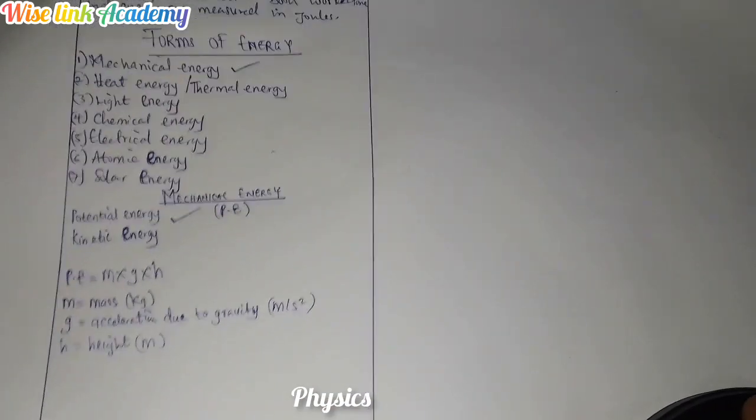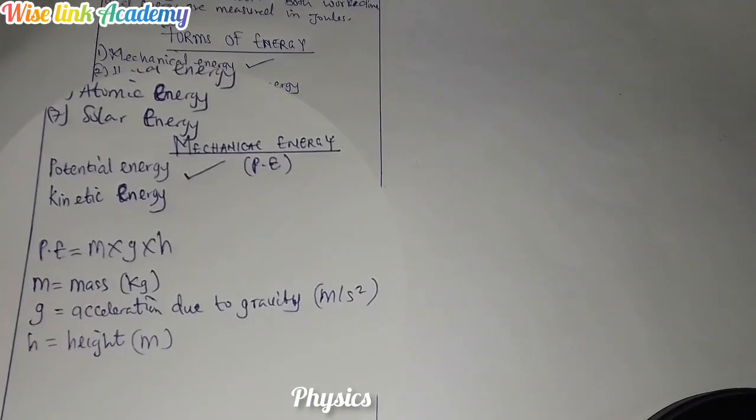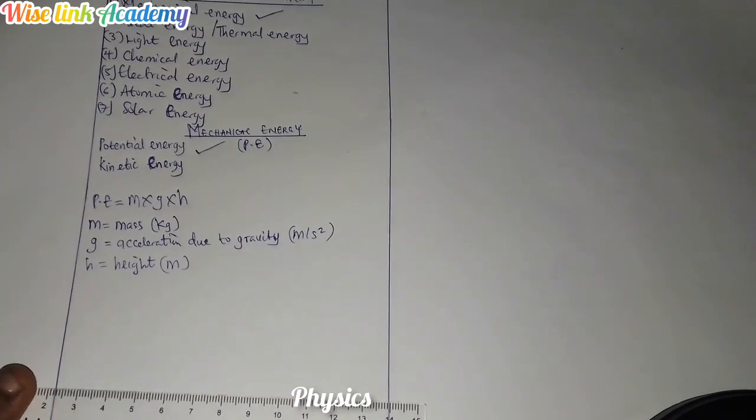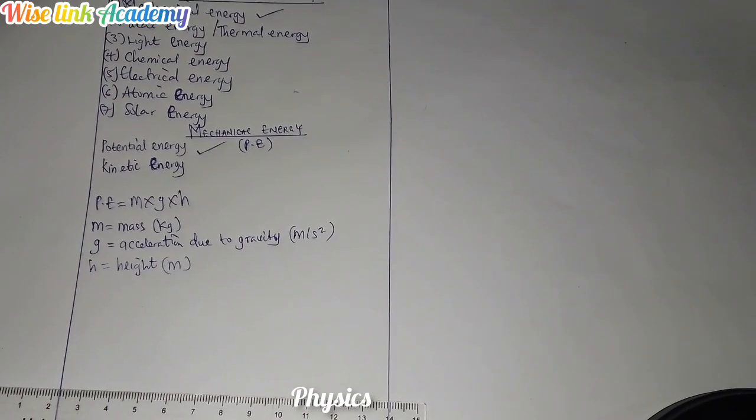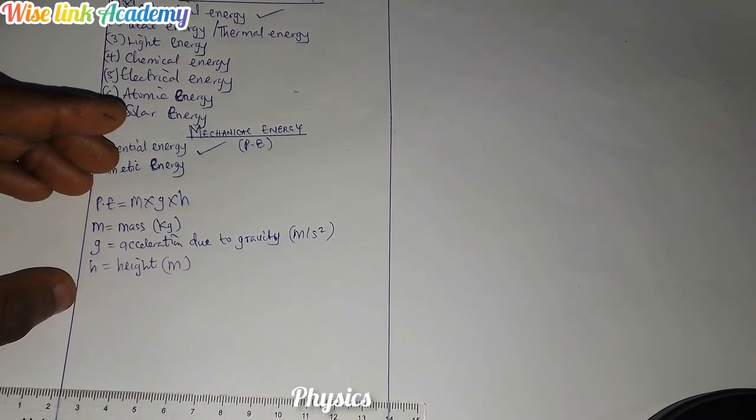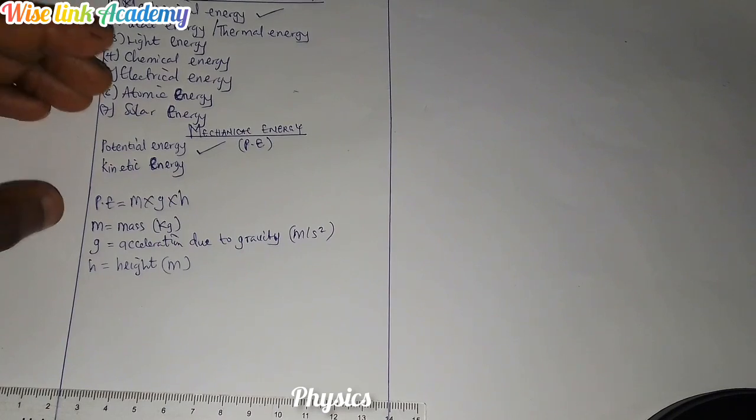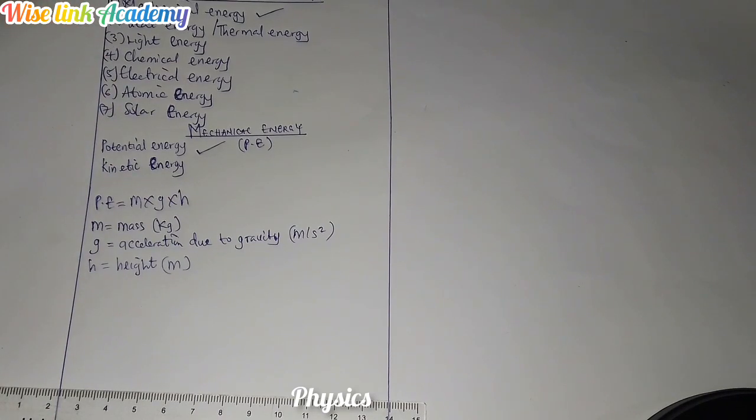So let's take an example on this aspect. For instance, you are given a question. You know I said potential energy, kinetic energy, work, and energy as a whole, their unit is joule. So don't forget that. Now, let's take a question.